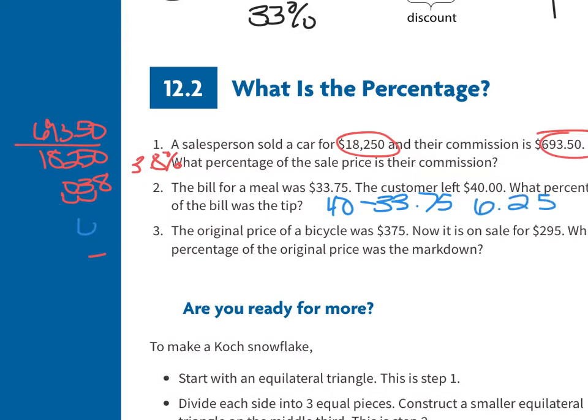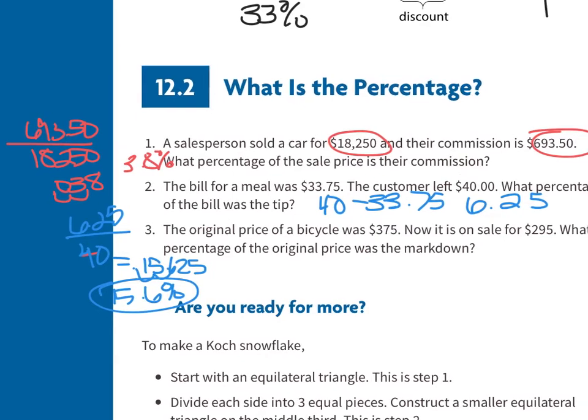Then we're going to go $6.25 divided by 40, which gives me 0.15625. So we just move it over twice. It's 15.6%.